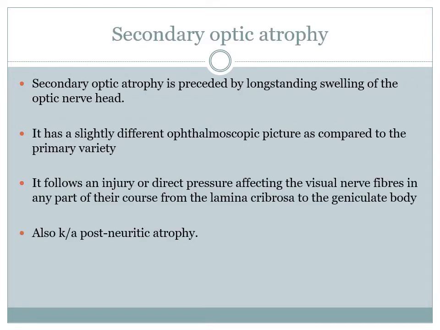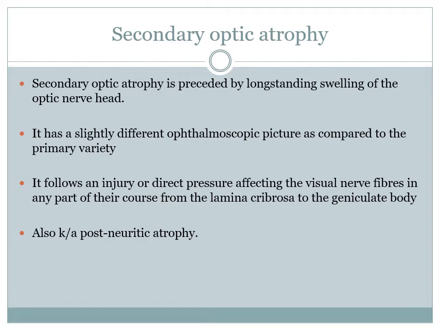Coming to the next type, clinical secondary optic atrophy. As the name suggests, this is secondary to something. So something has happened. What has happened? There is either papilledema, that is, raised intracranial tension producing hydrostatic edema of the optic disc, or inflammation, optic neuritis. So the optic atrophy which follows some other primary cause like optic neuritis or papilledema is known as secondary optic atrophy.